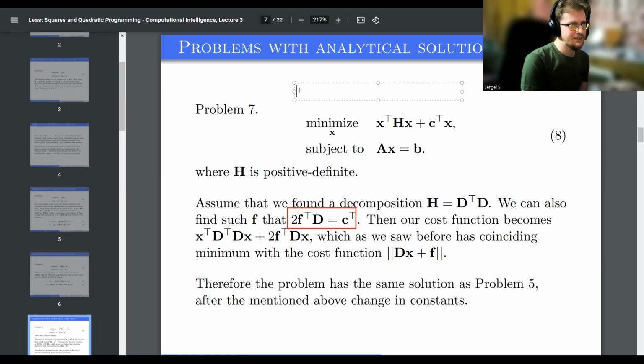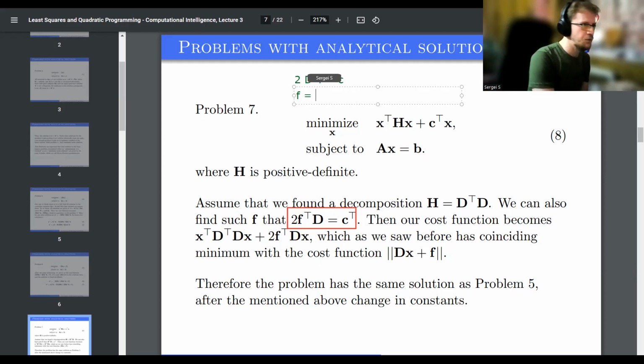So let us still try to quickly prove it. The way we prove it is we just transpose this whole equation. So we have D transpose times f, I mean, we have 2 here, right? Equal to c. That is the first step. Second step is we just multiply everything by 1/2 D inverse transposed, sorry.